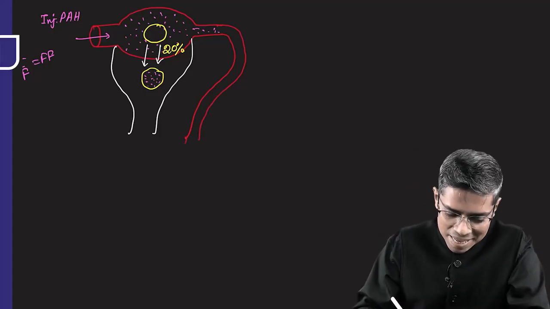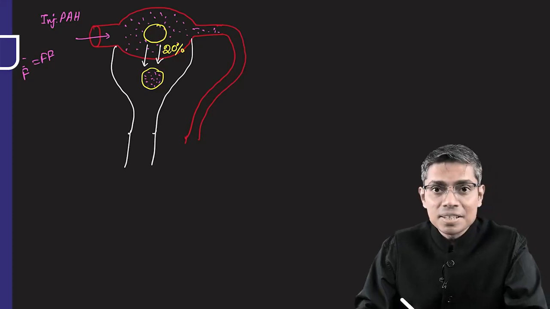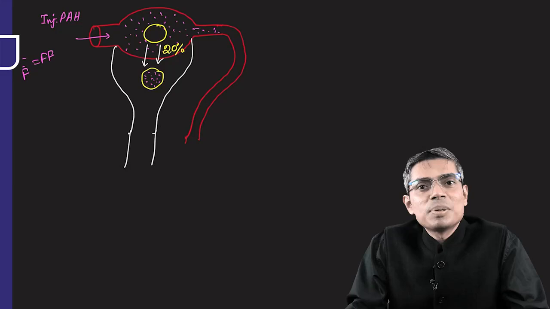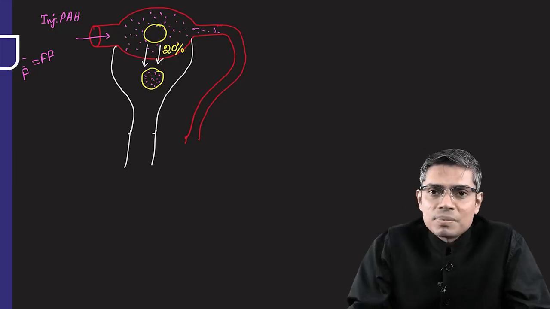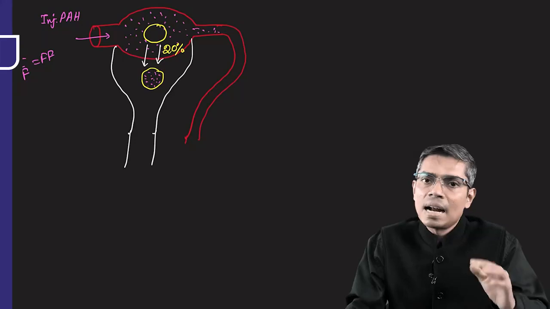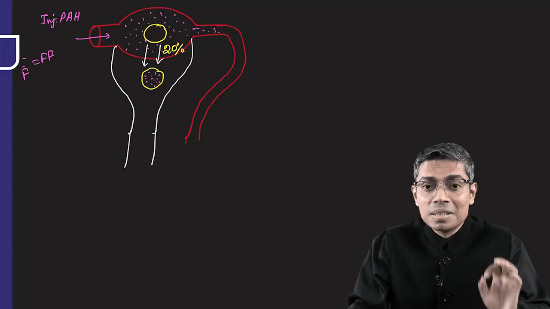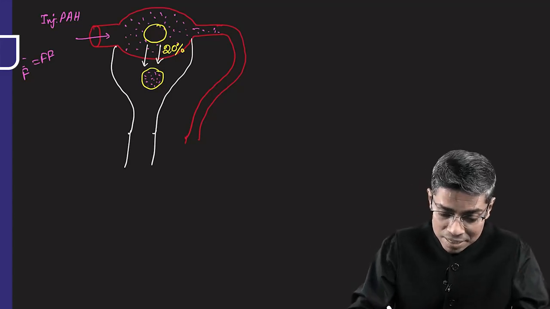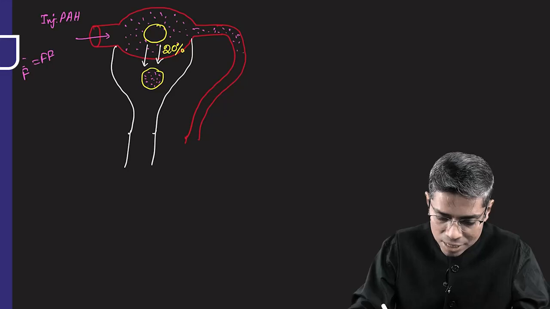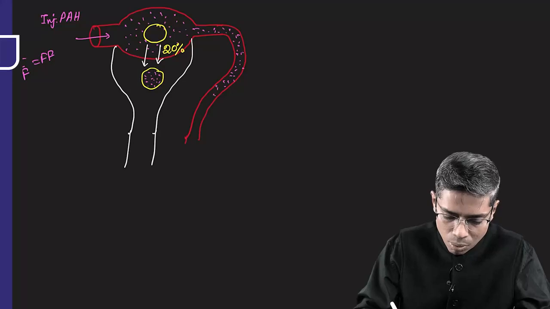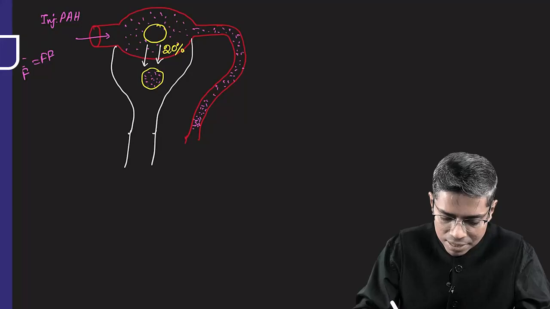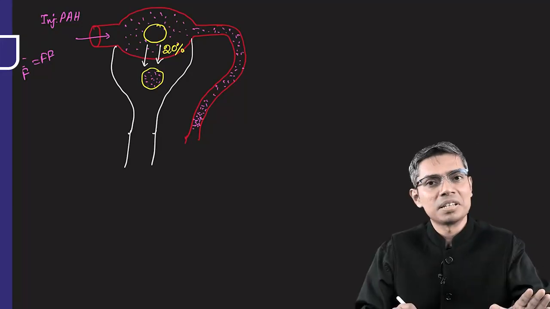Now for PAH, there will be secretion, obviously. That's why the clearance of PAH is very high. So there must be secretion. Where does secretion occur? At the proximal convoluted tubule. How much portion? All the remaining PAH which is flowing through the peritubular capillary will be secreted at the level of the proximal convoluted tubule.